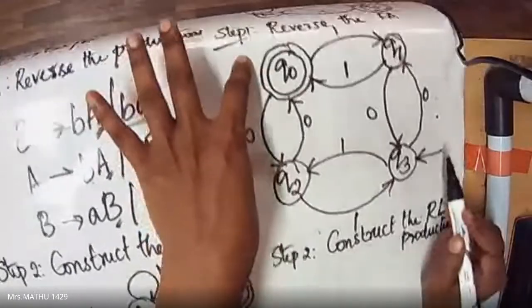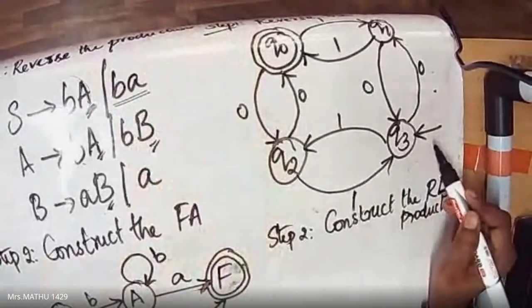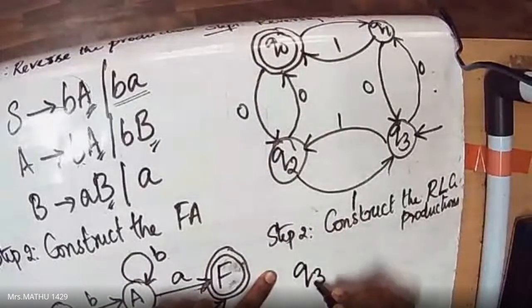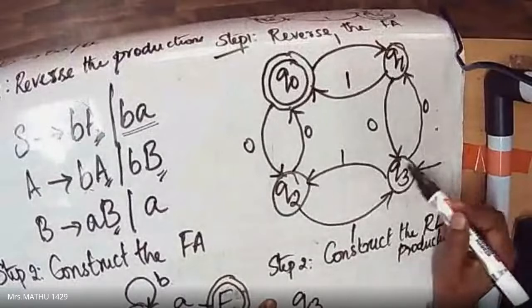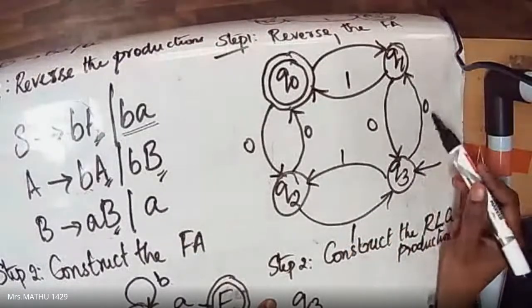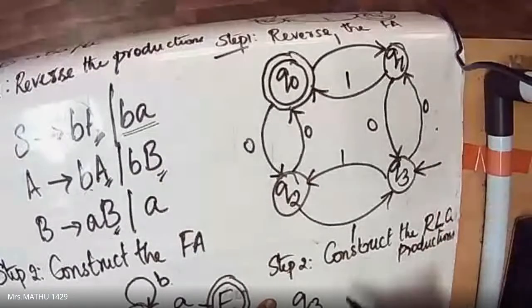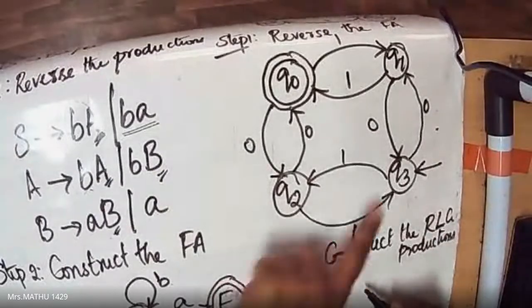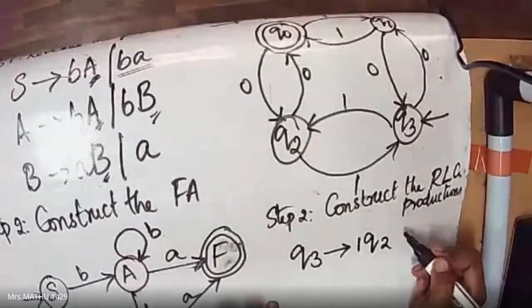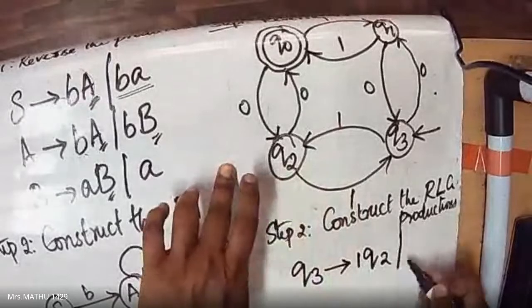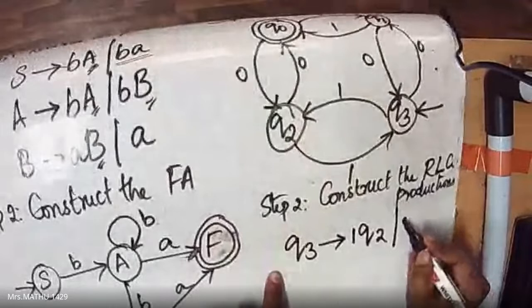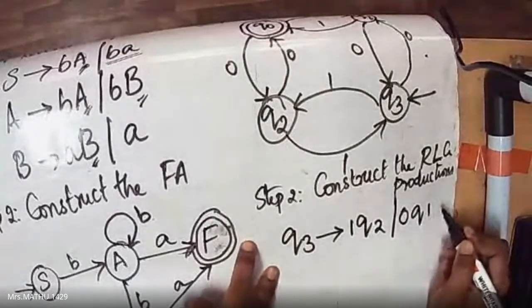Since Q3 is the initial state, we will start from there. So how will you write from Q3? We have two outgoing edges. One is carrying input symbol 1 and another is carrying input symbol 0. So Q3 gives 1Q2, and another production is 0Q1.